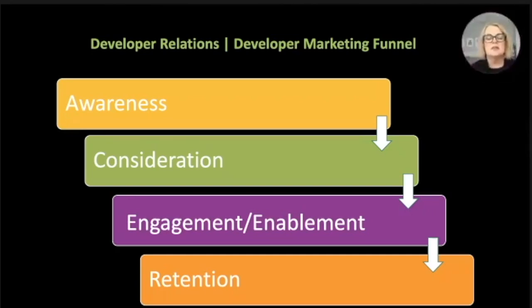The next phase that we want them to move into, if they are considering this, is: are they going to use it? Are they going to engage with it? So we're drilling down to engagement and enablement. Here, your developers are now becoming your customers, right? Because they're engaging with your brand, they're identifying with it. Some KPIs here may be, for DevRel: are they downloading your latest SDK?